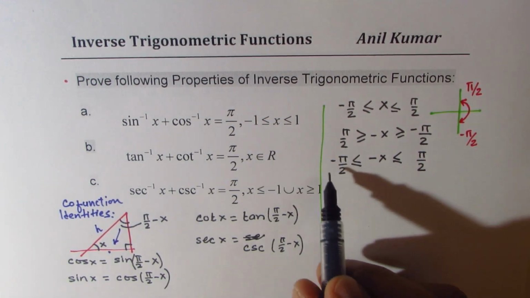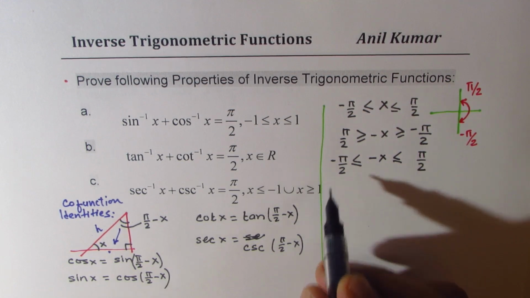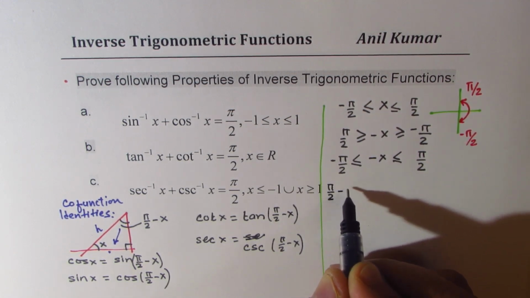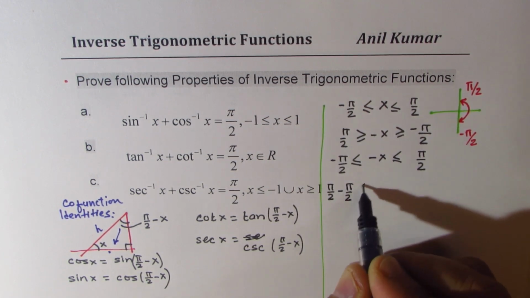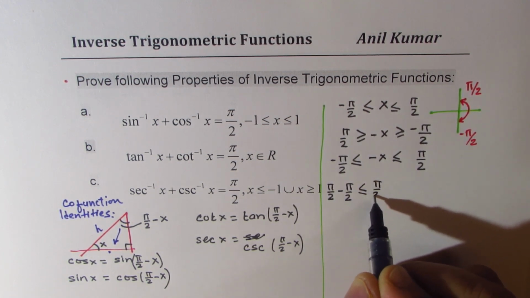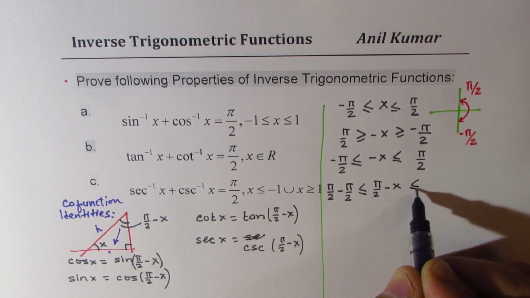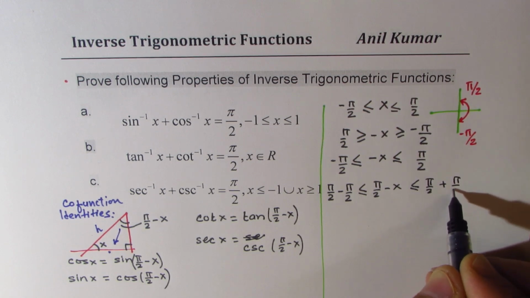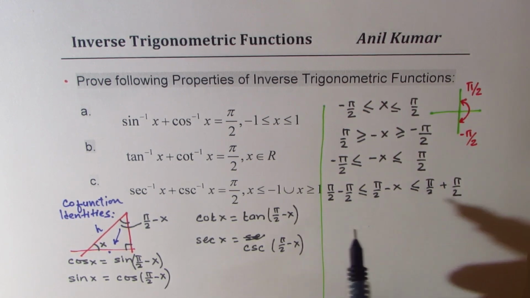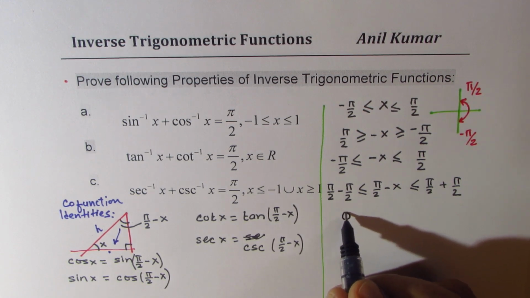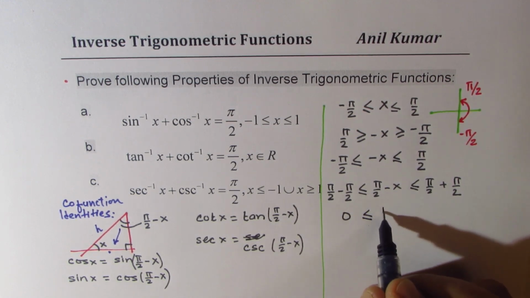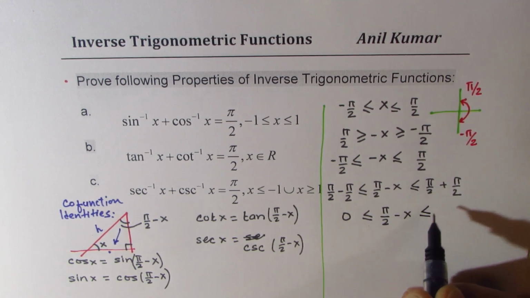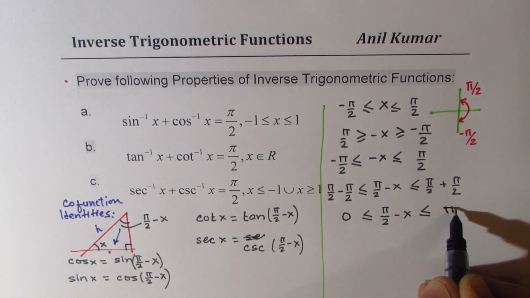Now here, if I add pi by 2, then what happens? So pi by 2 minus pi by 2 is less than or equal to pi by 2 minus x less than or equal to pi by 2 plus pi by 2. So we added pi by 2 to all. That results into 0, and we get the domain for pi by 2 minus x. Do you see that? And this is pi.